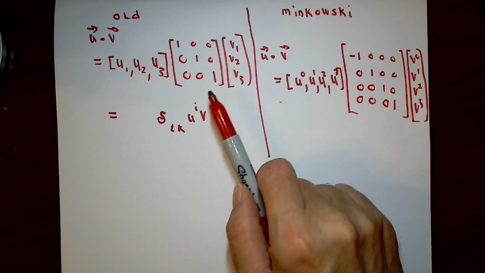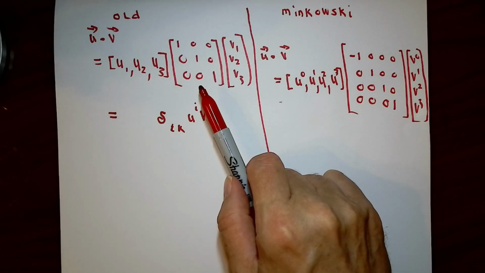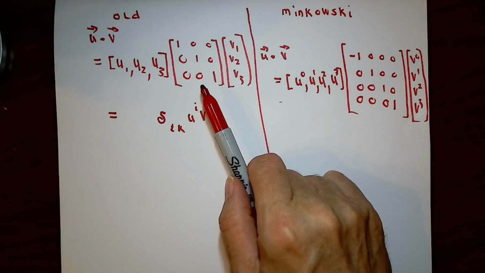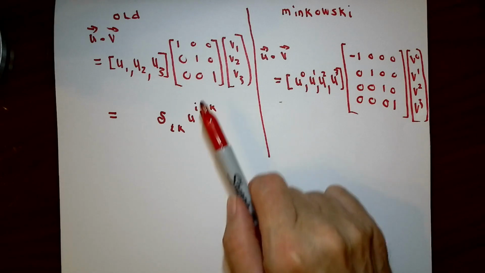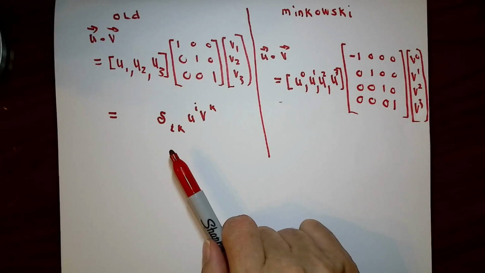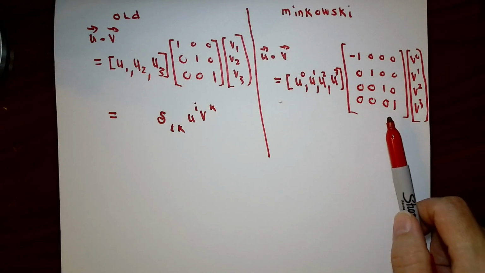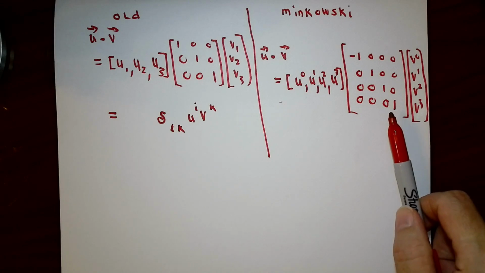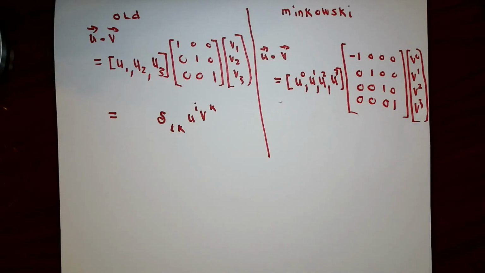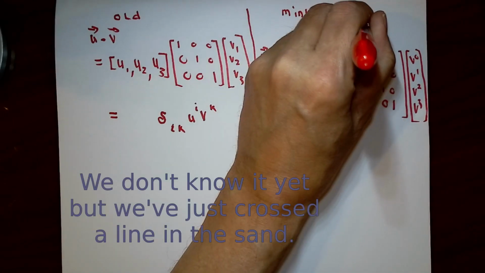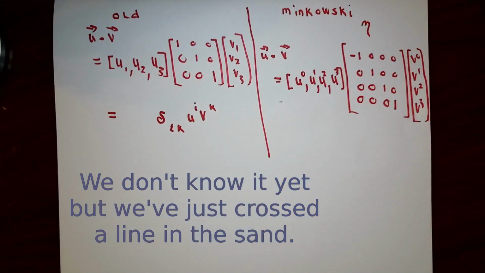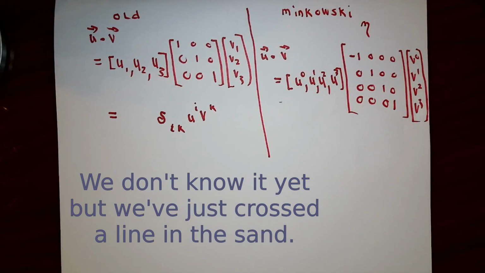The name of this matrix is the identity matrix, capital I. We usually denote its components by Kronecker delta. This is not the identity matrix, although it resembles it. We'll give this matrix a name. We call it eta.